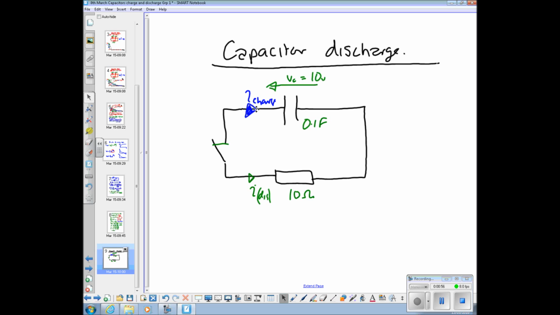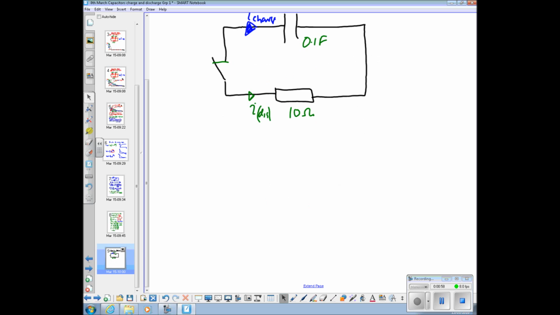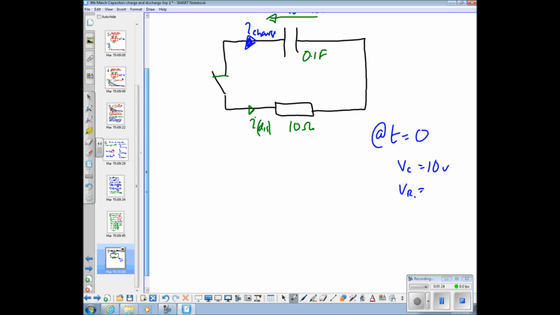So at t equals 0, at the time when we close that switch, so we're going to consider it in isolation. At t equals 0, VC is 10 volts. What's VR?